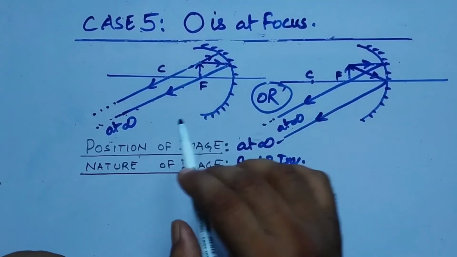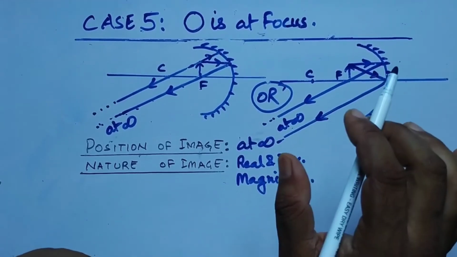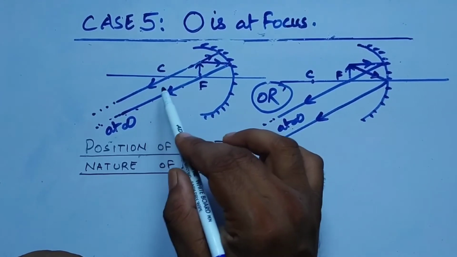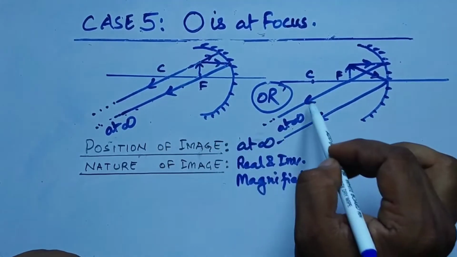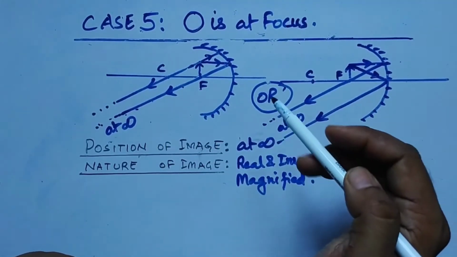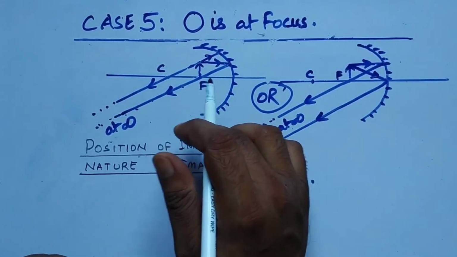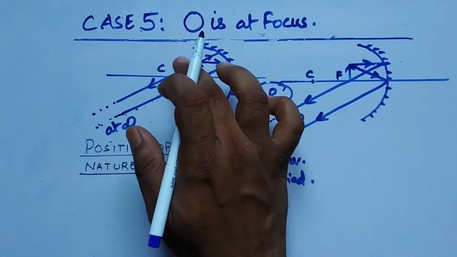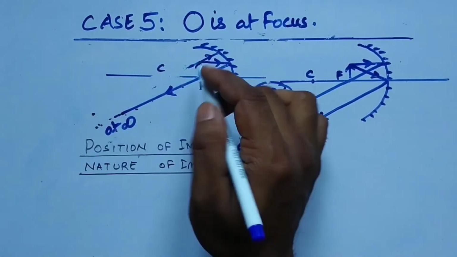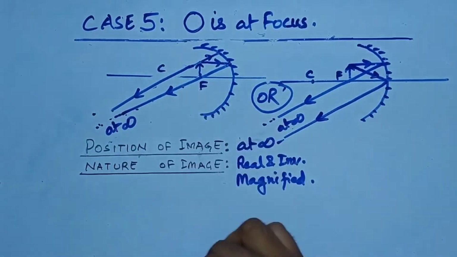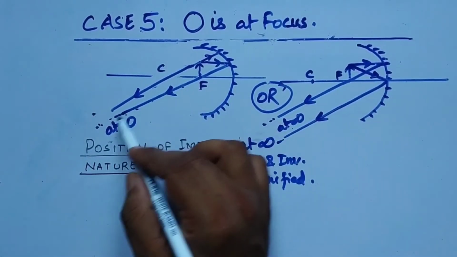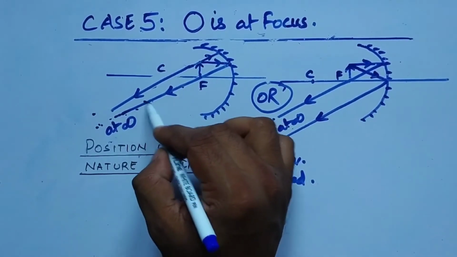We have to ensure in this ray diagram, and this is very important, that the reflected rays should be parallel to each other. Many times some students draw the diagram in such a way that the reflected rays appear like this. This is converging, so this will be a wrong diagram.